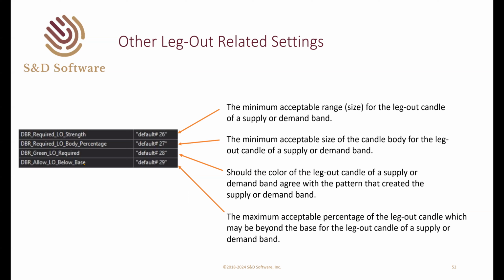By default, we don't allow more than 20% of the leg out candle to be below the body of the base. Again, that's something that you may want to back test for your particular market to see how well that works. But so far, that has proven to be a reasonable value for quite a few markets.